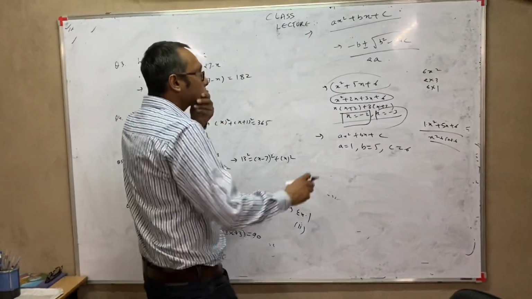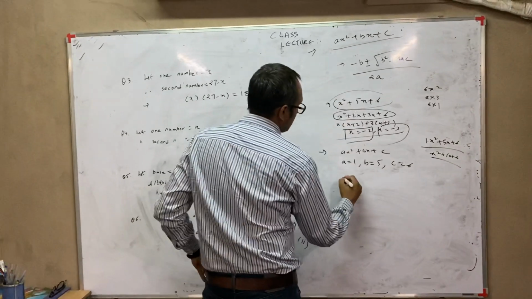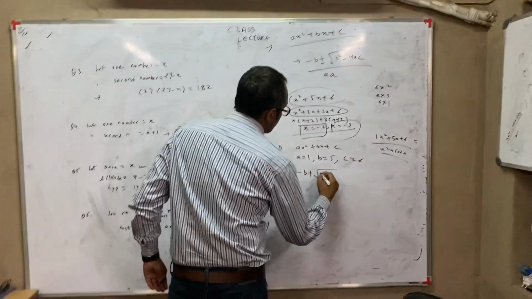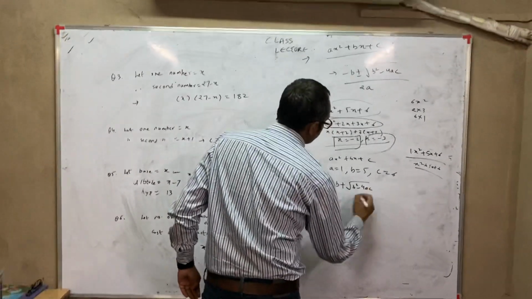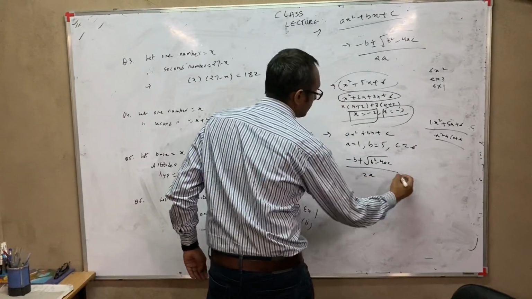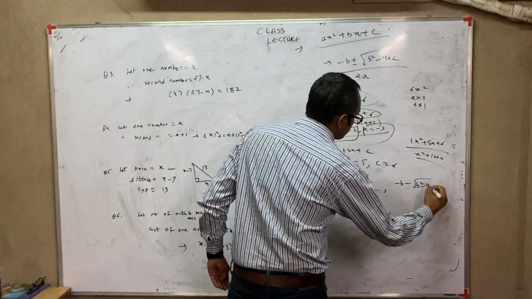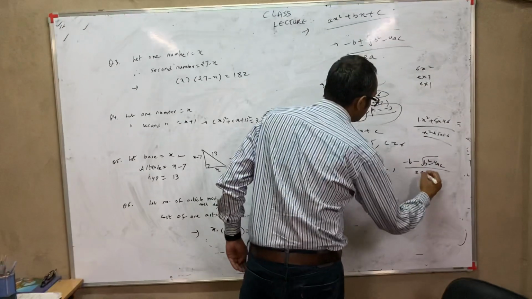Anyway, now this is the formula. Minus b, right now I am writing only plus here, root of b square minus 4ac, upon 2a, and minus b minus root of b square minus 4ac, upon 2a.